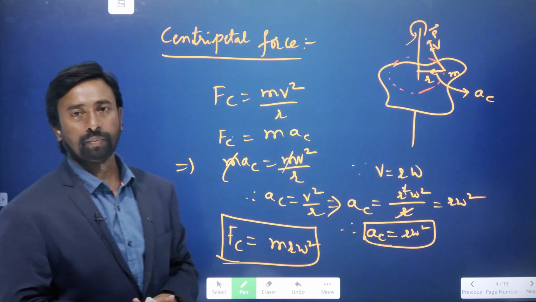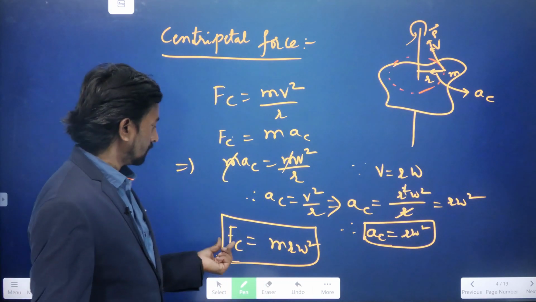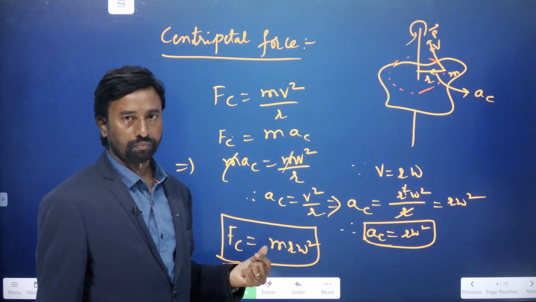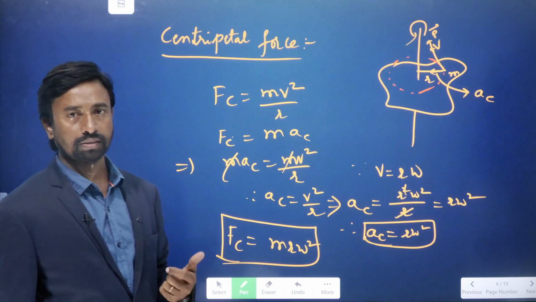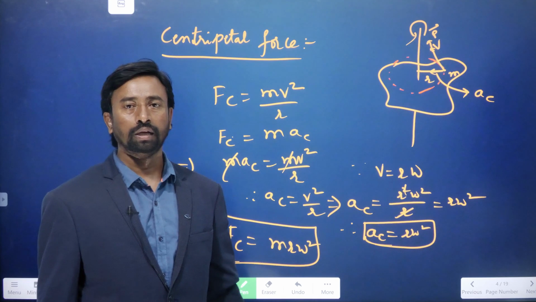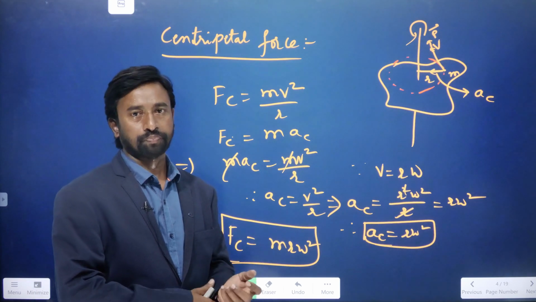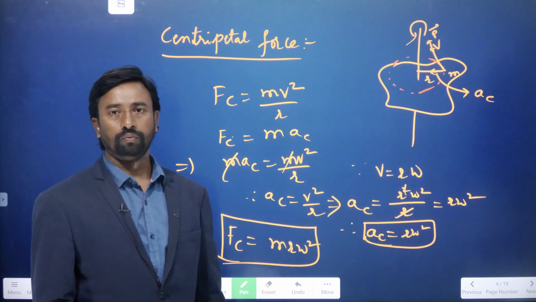That force is called the centripetal force. It is the force acting along the radius towards the center whenever a body is rotating about an axis.